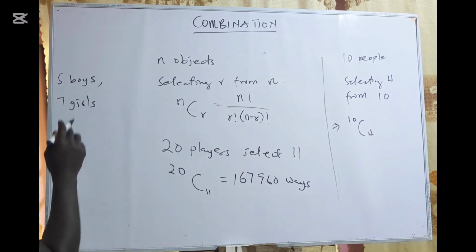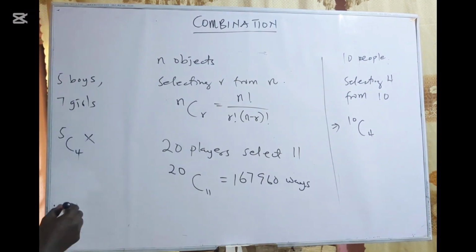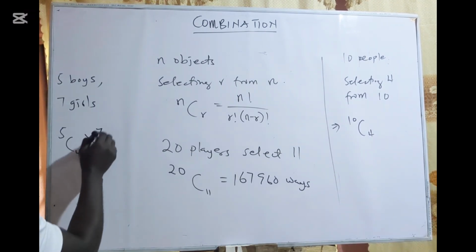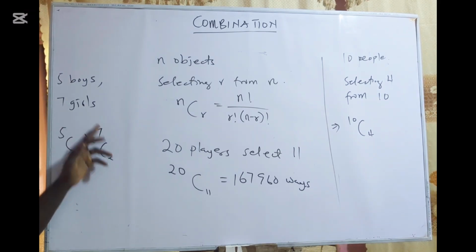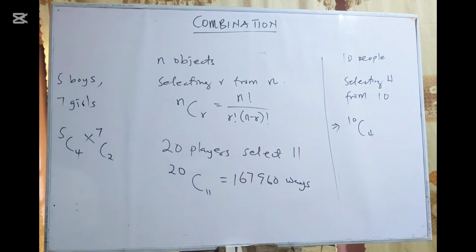That will be 5 combination 4. I'm also selecting 2 girls, 7 combination 2. So selecting 4 boys and 2 girls at a time from 5 boys and 7 girls, this is how I'm going to write it: 5 combination 4 times 7 combination 2.